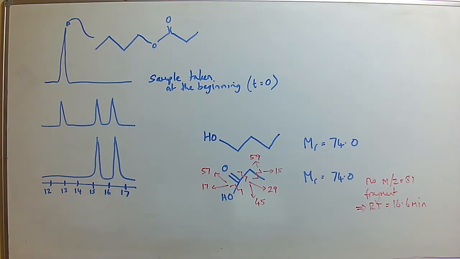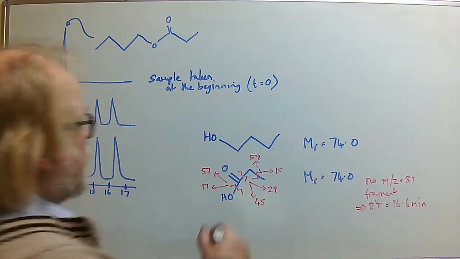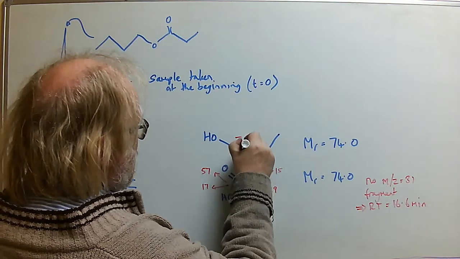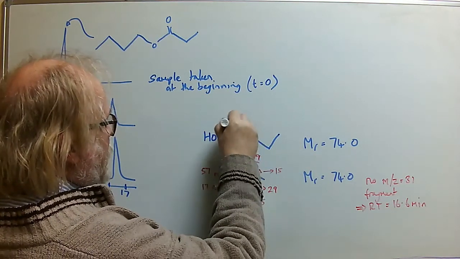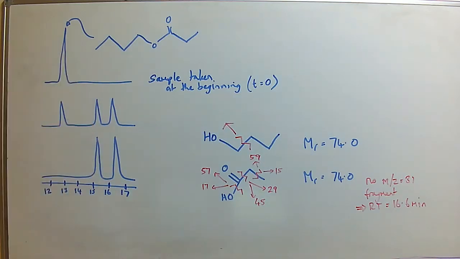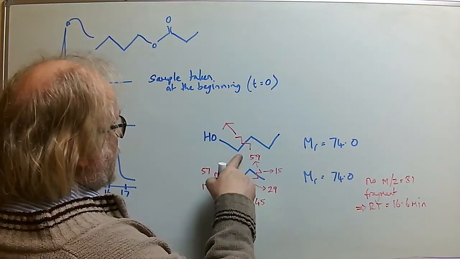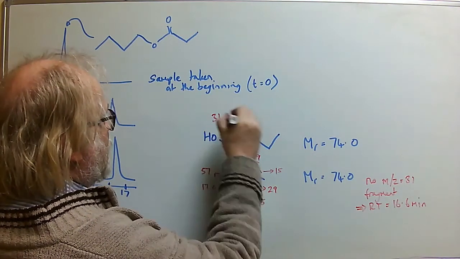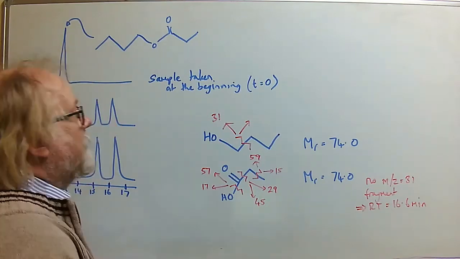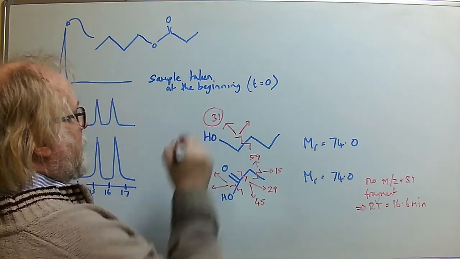But that argument only makes sense if you can show that the other one does have a fragment of 31. And if you break it here, you can see that you can get CH2OH, and CH2OH has 14 for the CH2 plus 17 for the OH, 31 fits there. And that's the key thing.